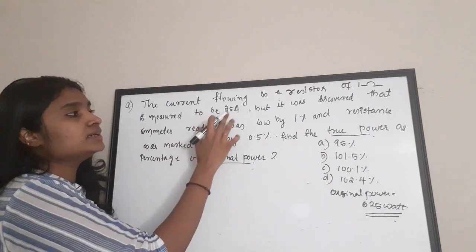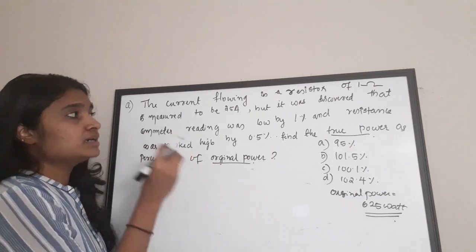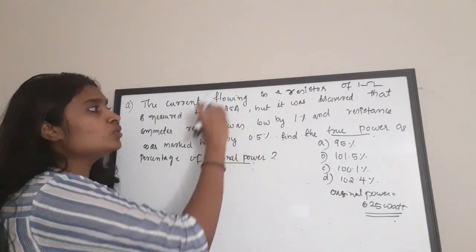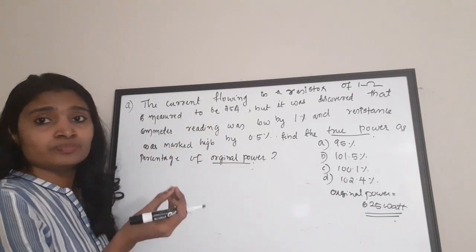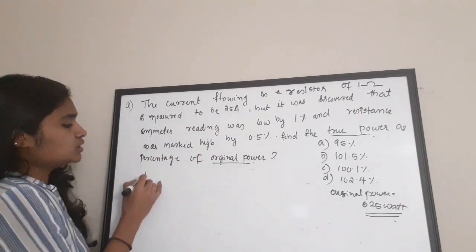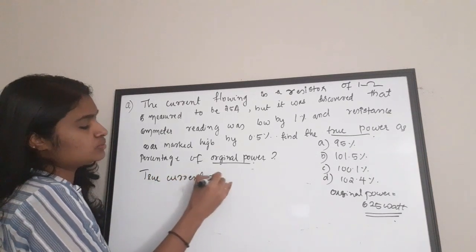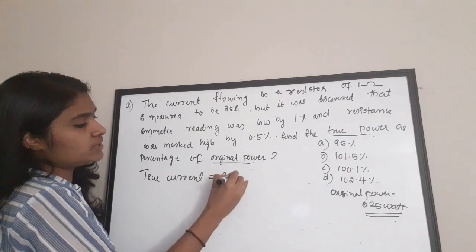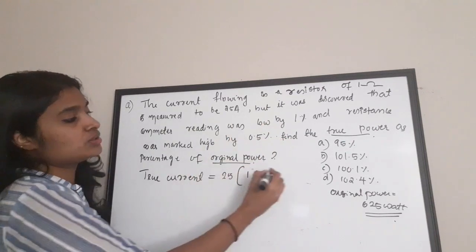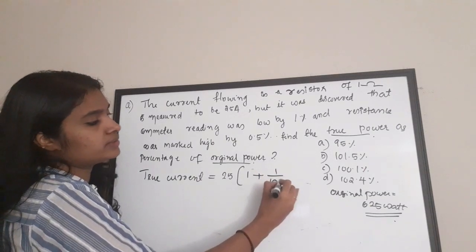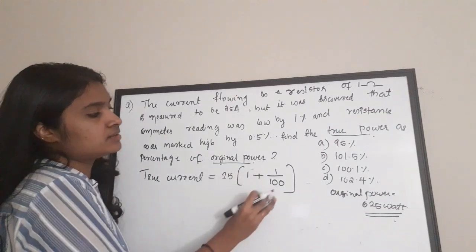What is the true value of current? It is given that the ammeter reading was low by 1%. So the true current will be equal to the given current, 25, into 1 plus 1 by 100, that is 0.01.